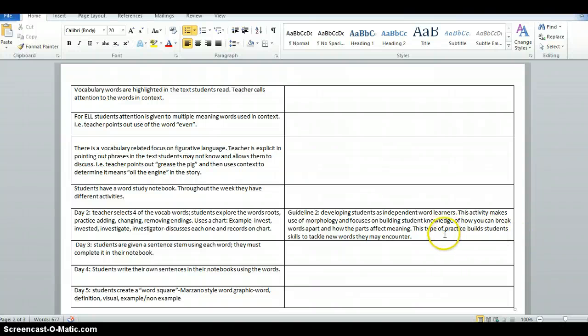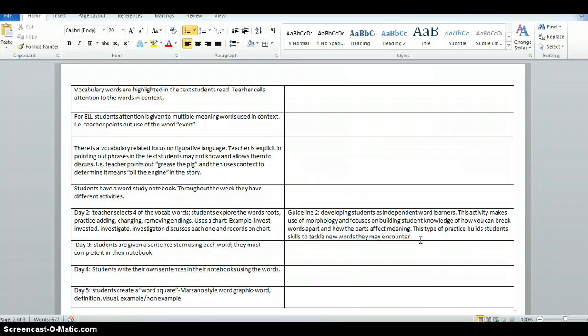So I found here that when the teacher selected the vocabulary words and they made that chart with investigate, invest and investigator, that was good practice for teaching students morphology, teaching them about root words or base words, and then how the endings or the affixes, so suffixes or prefixes, can change the meaning of a word.